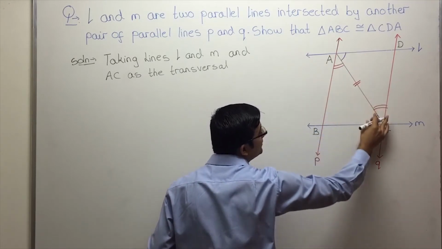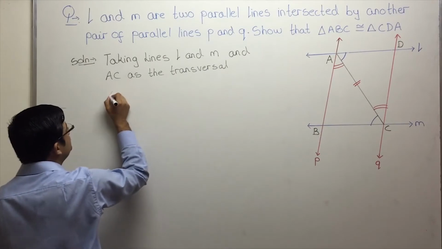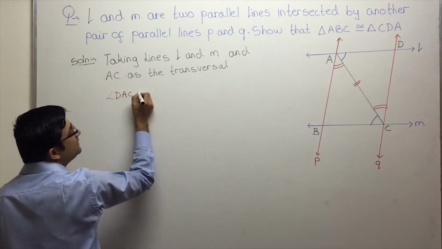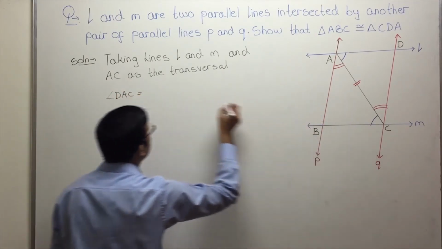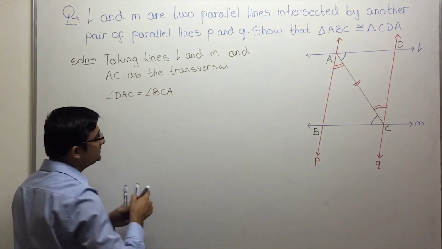So this angle is equal to this angle. What is this angle over here? Angle DAC. So angle DAC is equal to this angle over here, angle BCA. What is the reason? Alternate interior angles. So mention it.